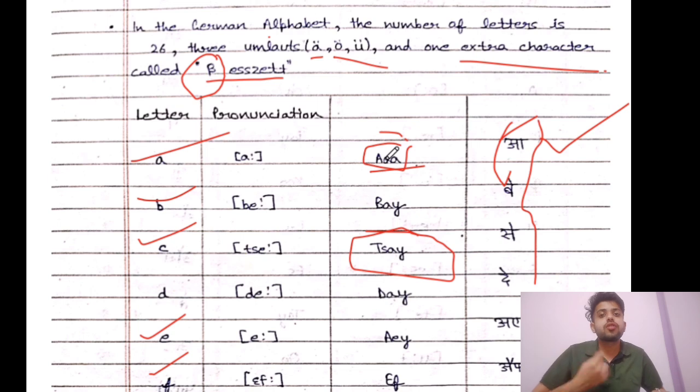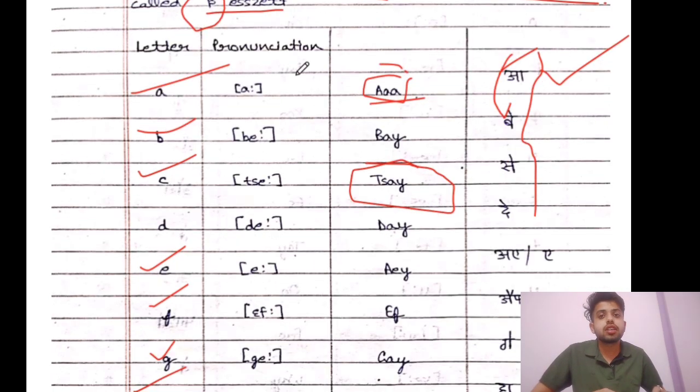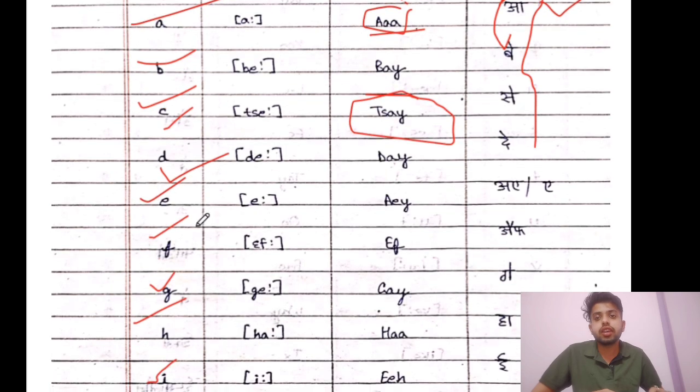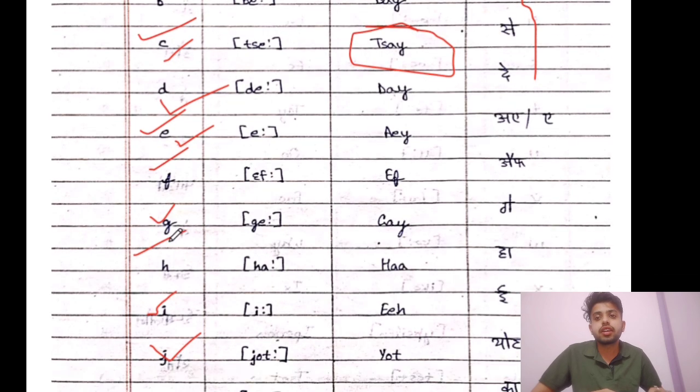First is A, B, C, D, E, F, G. I also got confused.